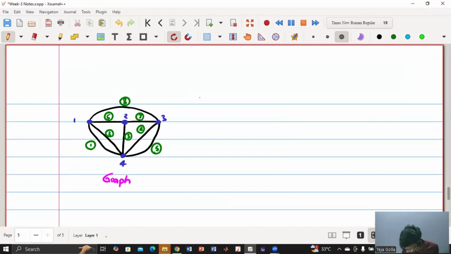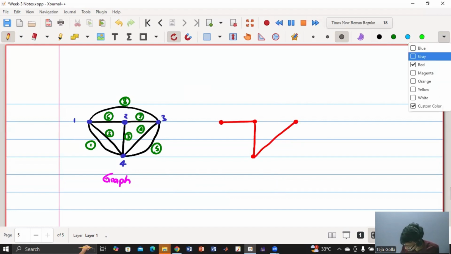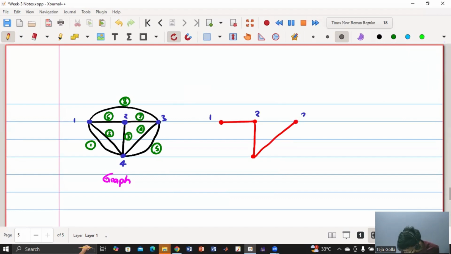So I'll consider one example, and there can be n number of possibilities. I'm considering one such possibility. So this is 1, this is 2, this is 3, and this is 4. No loop is formed. This is 6, this is 3, and this is element 4. So now this is a tree.